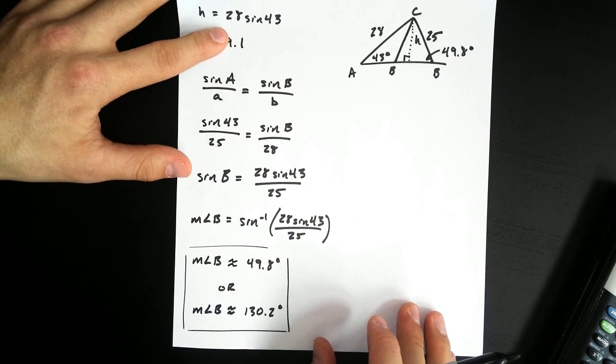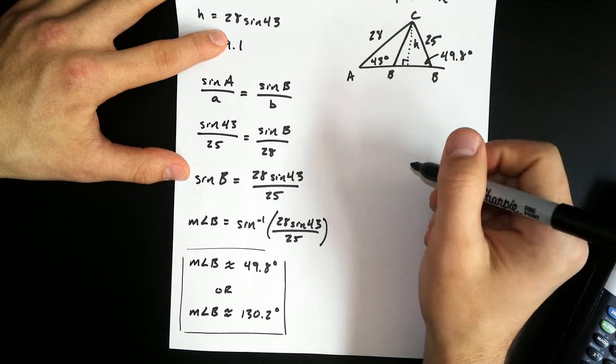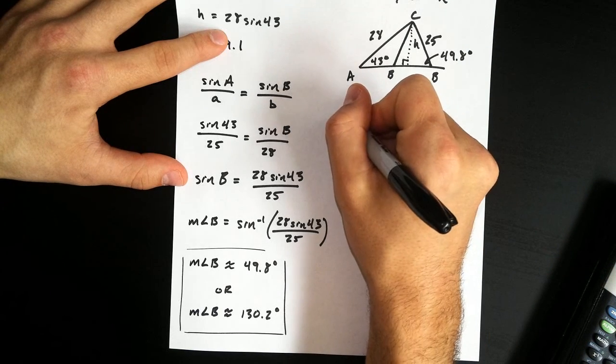Because we have two possibilities for angle B, we have two possibilities for angle C, both of which can be found using the triangle sum theorem.